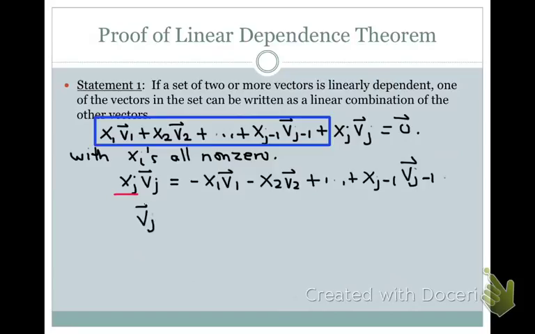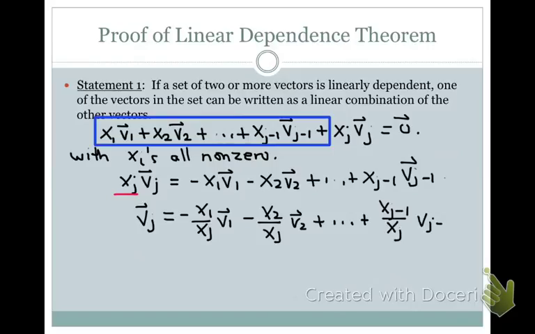So we have vj is equal to minus x1 over xj v1 minus x2 over xj v2 all the way up to xj minus 1 over xj vj minus 1. At this point, we're really finished with our proof, because we can simply let these values be scalars.